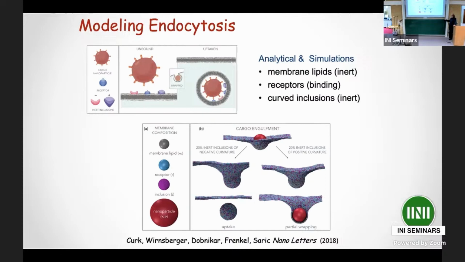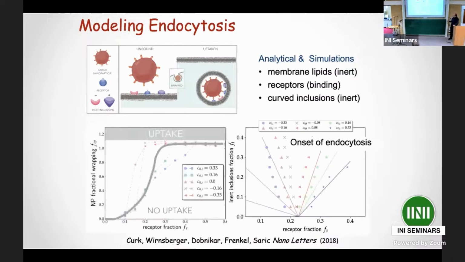In this membrane we have receptors that interact with ligands on the particle, and membrane particles which are inert, and then we have inclusions. But that's not important. The simulations basically take the nanoparticle, it binds to the receptors, then the membrane wraps around. Now we don't measure it going through, we just measure the amount of wrapping of the particle.